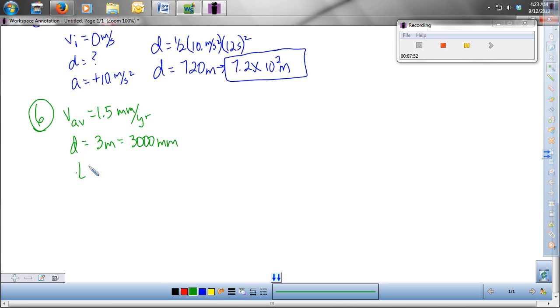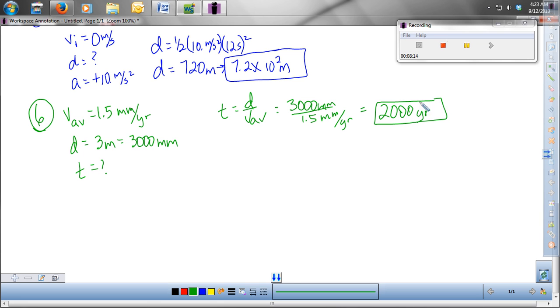We're looking for the time. Well, time is distance over average speed. So 3,000 millimeters divided by 1.5 millimeters per year is going to be 2,000 years. So you have seen this one before.